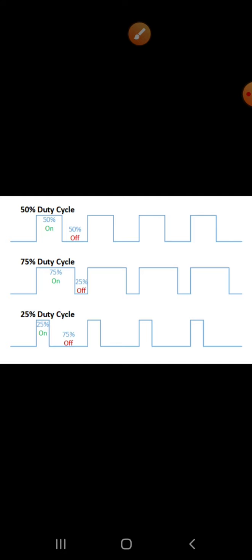We have already shown the diagram. So on time greater than 50% means the duty cycle is greater than 50%, and on time less than 50% means the duty cycle is less than 50%.